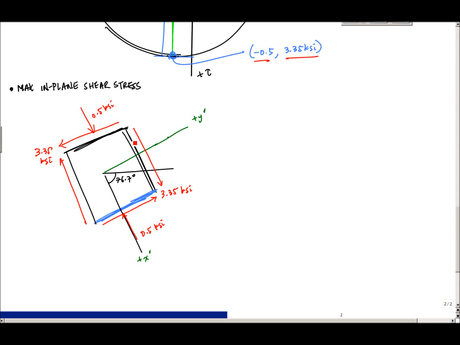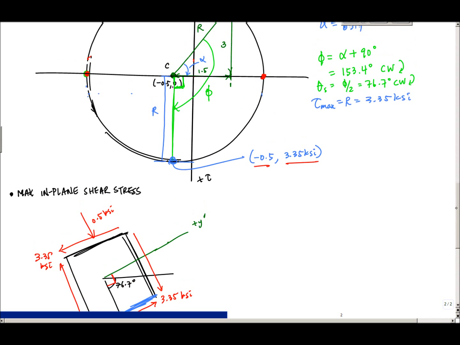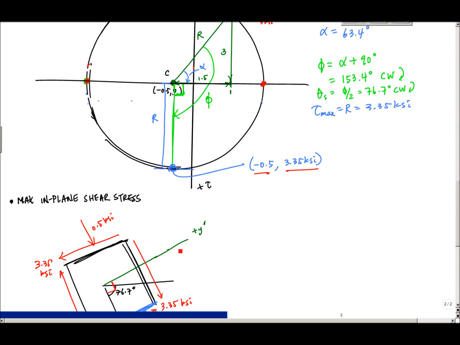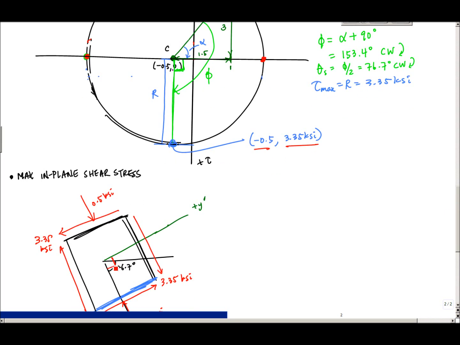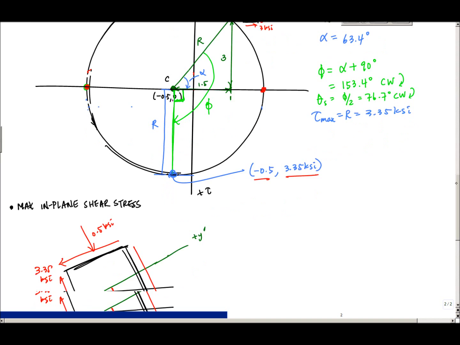Then I have to think about what my normal stresses are here. Just like we were talking about before, to go from x prime to y prime is a 90-degree rotation in Mohr's circle, counterclockwise. That means a 180-degree rotation in the representative volume element, so I'm all the way over here. And my normal stress here is also negative 0.5 KSI.